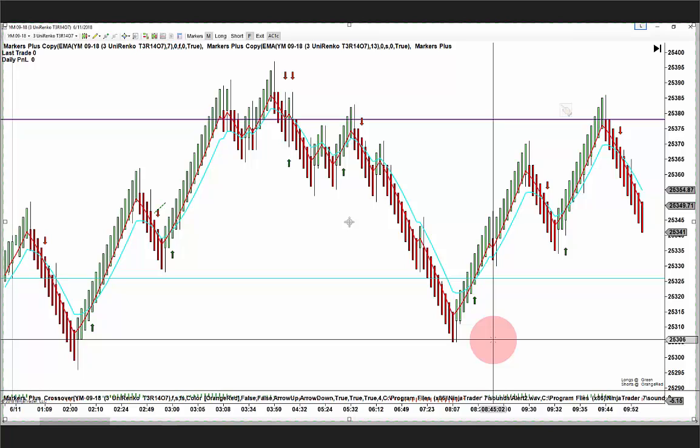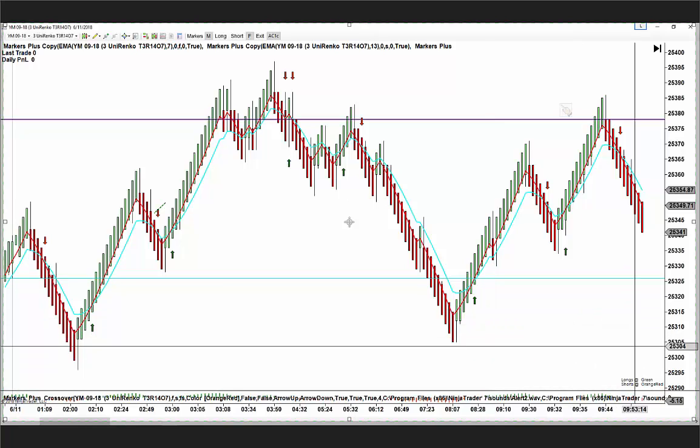Oh, before we do, let's just talk about profit targets and stops. For this type of system, profit targets and stops are very individual in nature, but there are some guidelines. Generally for a system like this, I believe the stop needs to be somewhere between 8 and 12 ticks.